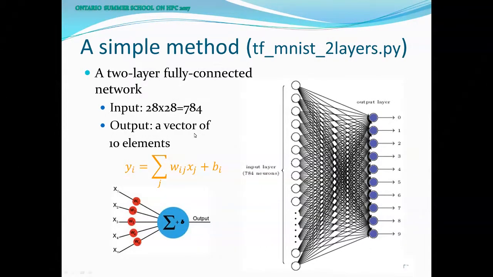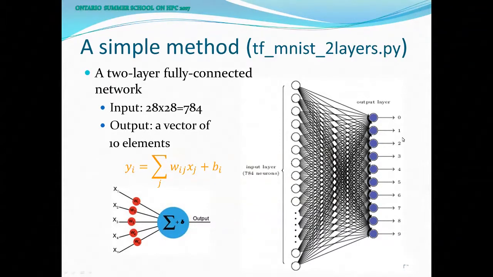And the output is 10 elements, each of which represents the likelihood of being digit 0, 1, 2, and so on until 9. So the bigger the number it outputs, the more likely that digit is the output.